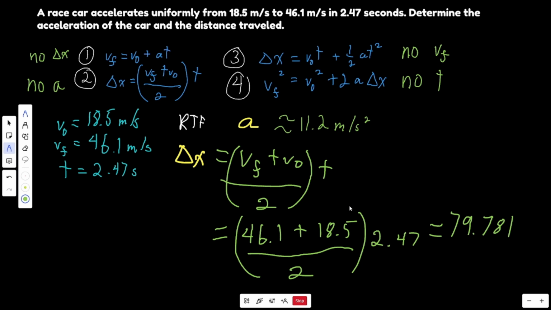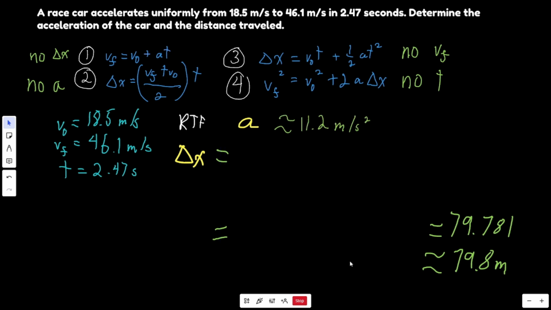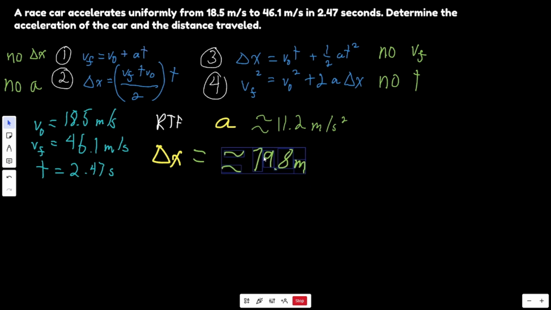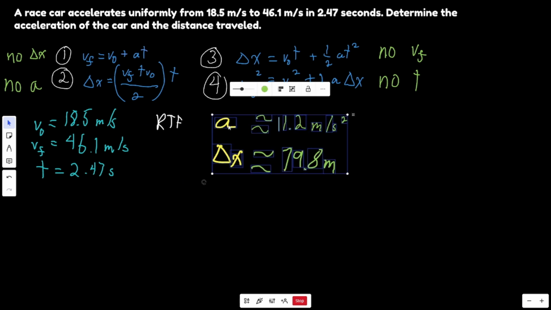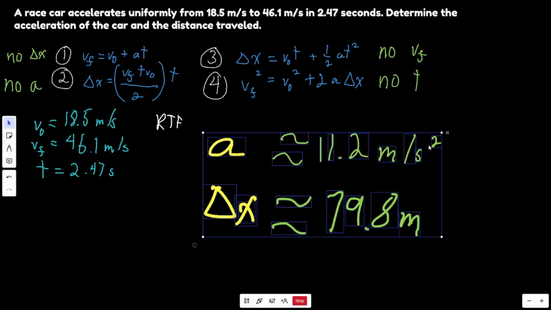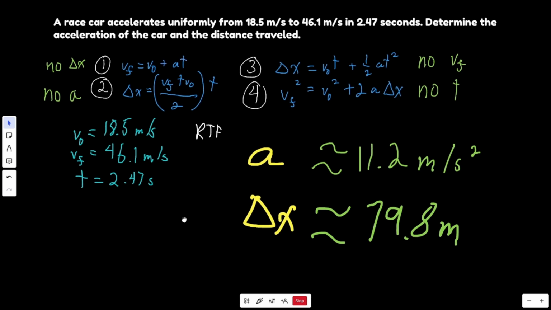Since we have once again 3 significant figures, this rounds off to 79.8 meters. That is our final answer for this question. The total distance traveled by the race car would be approximately 79.8 meters. So here it is, and we got them by using equation 1 and equation 2.